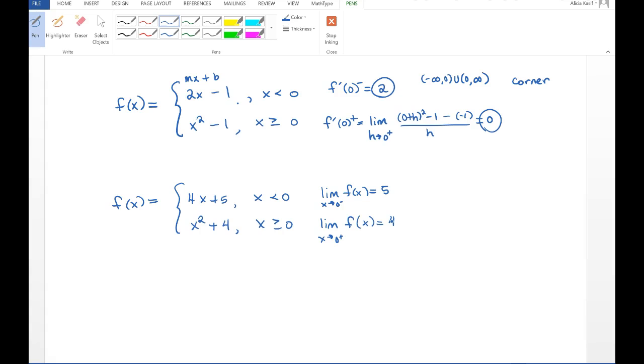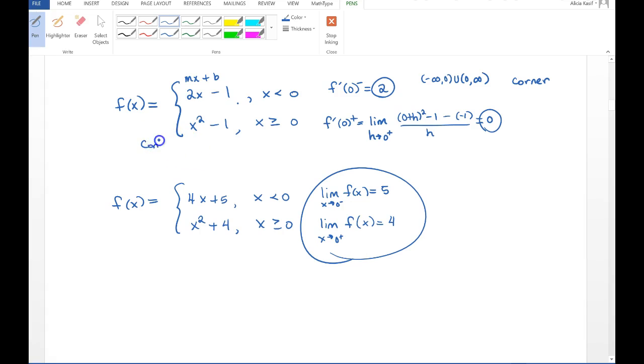I just actually wrote it out this time. Plug in 0 here, I get 5. Plug in 0 here, I get 4. Remember what I said for continuity? You need the left and right hand limits to match up, and the actual point. I really did this part, I just didn't show it.